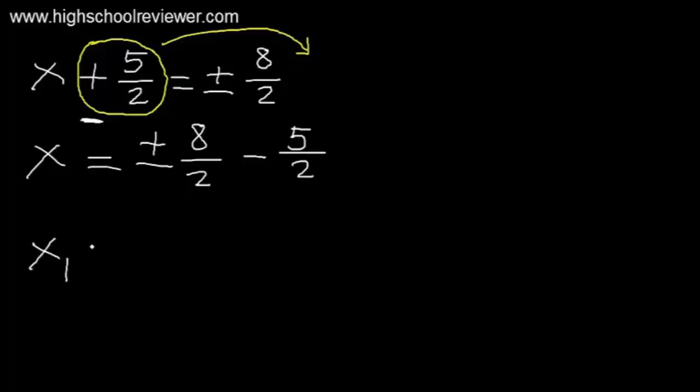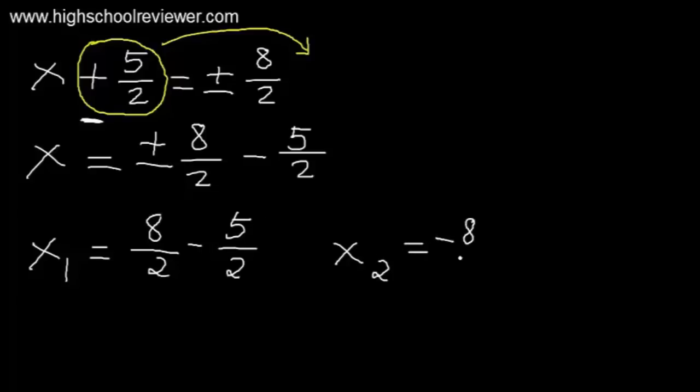Our x sub 1 will be the plus. Okay, so we have here plus 8 over 2 minus 5 over 2. And our x sub 2 will be equal to the minus, so this will be minus 8 over 2 minus 5 over 2. So since we have the same denominator, we will just, okay, this is x sub 1.